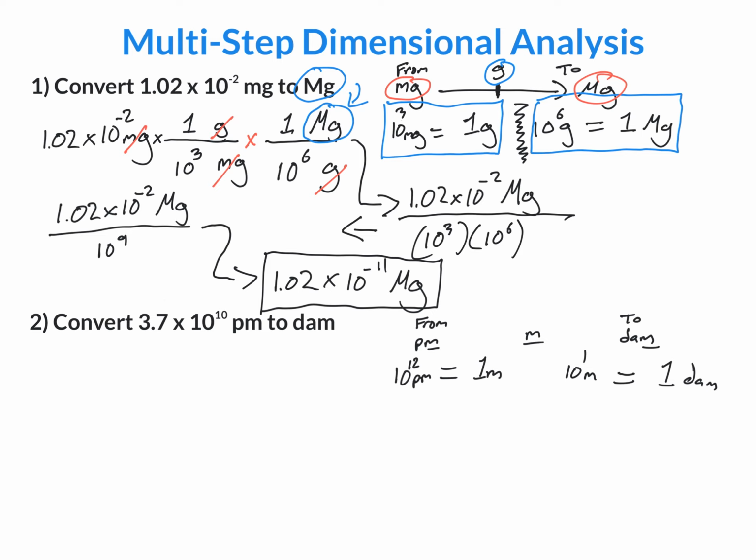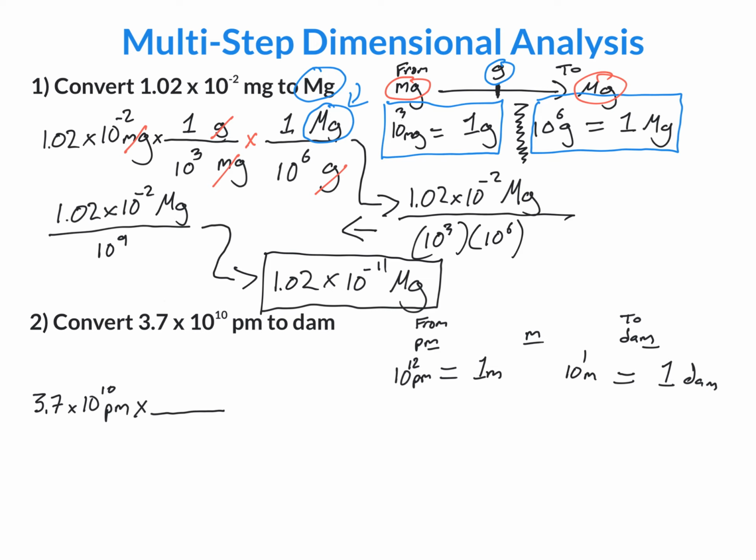and doing our math. So let's do it. How are we going to do it? We're going to start off by writing 3.7 times 10 to the 10 picometers. Remember, we're going to multiply that by our first conversion factor. This is what we're starting with, so what must go in the denominator? Picometers.